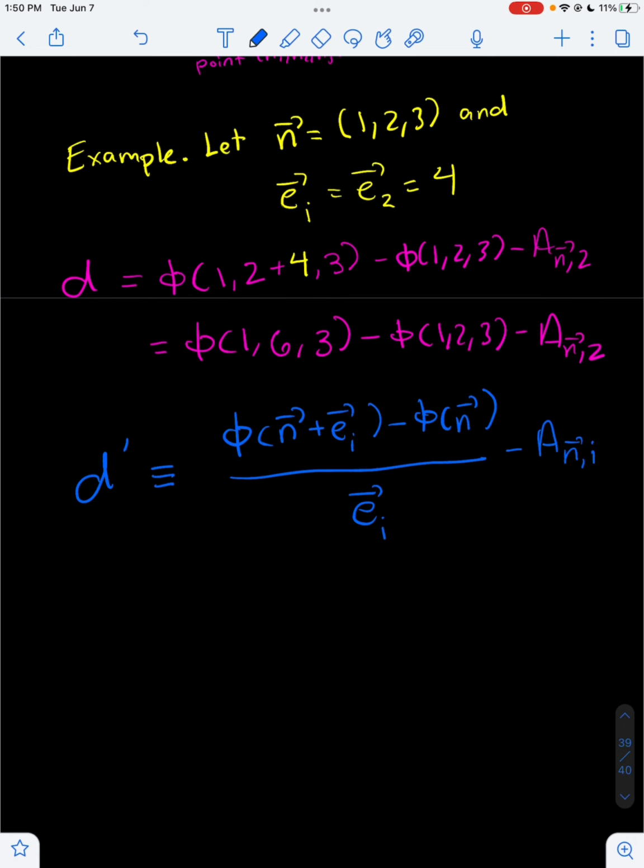Now what we can do is take the limit of d prime as ei approaches the 0 vector.